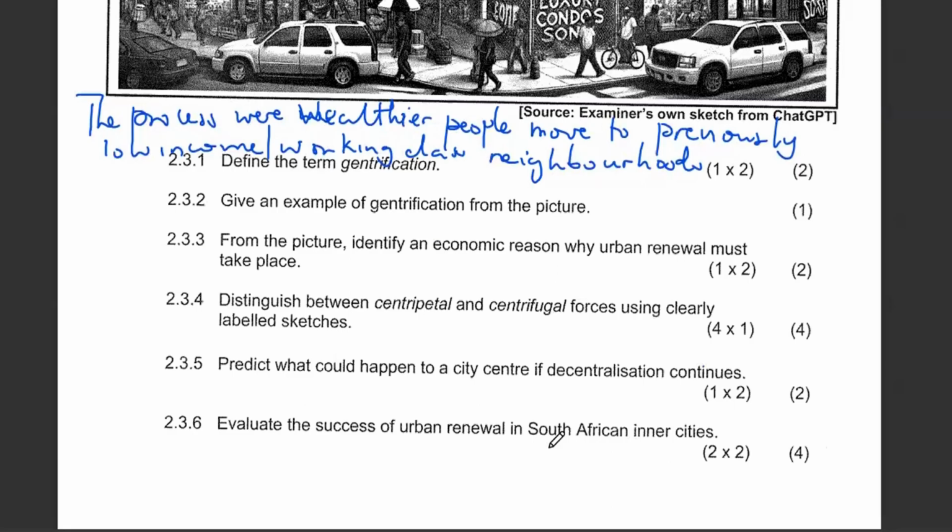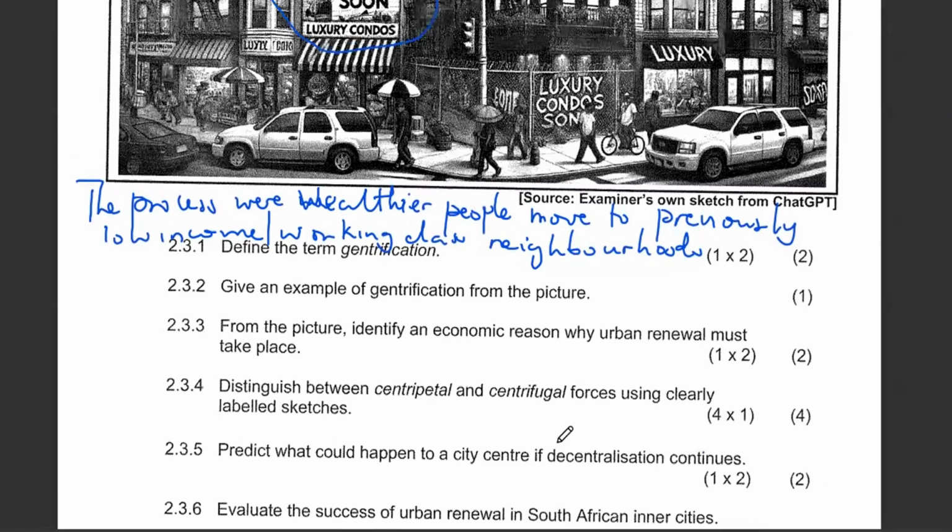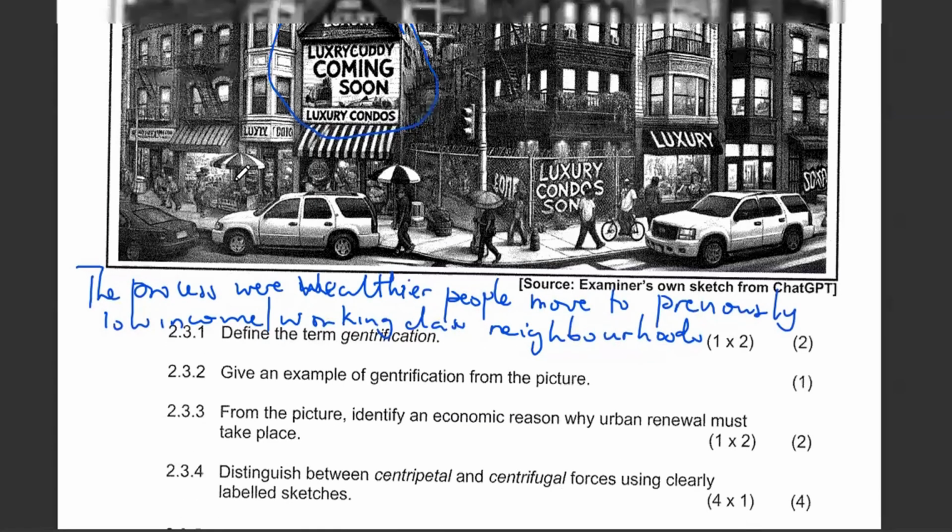From the picture, identify an economic reason why urban renewal must take place. If we check the situation, it appears like we have informal traders who are around.